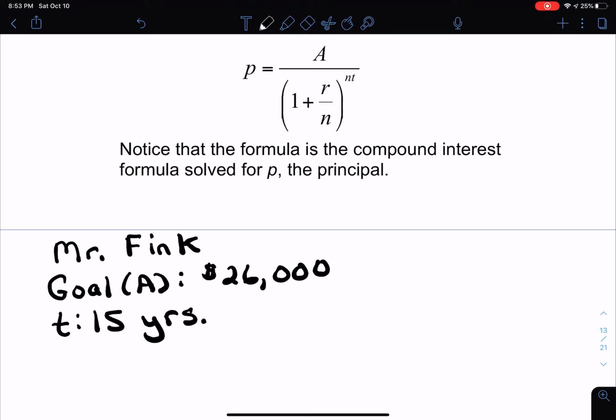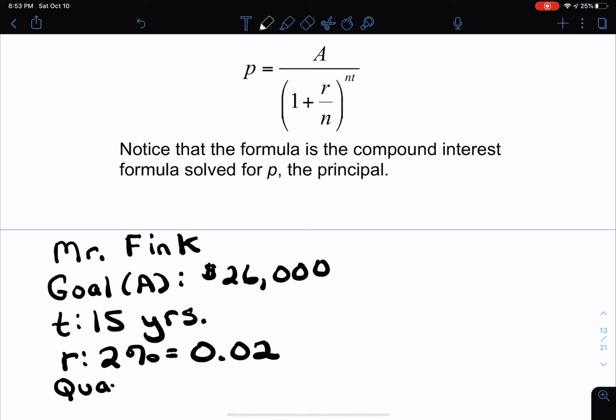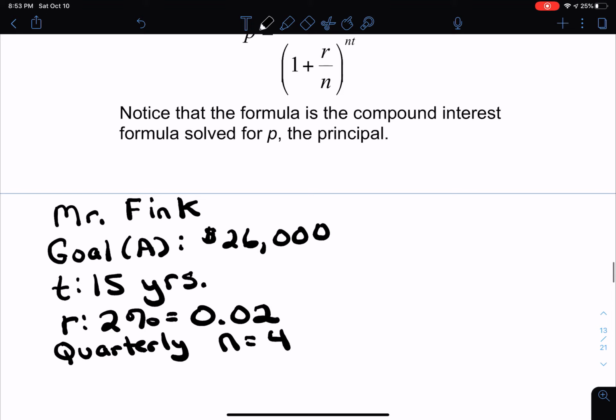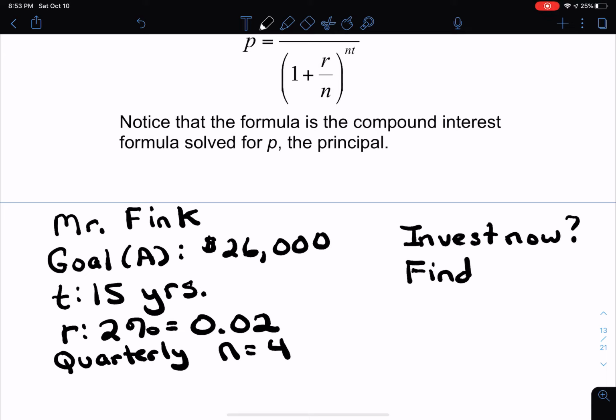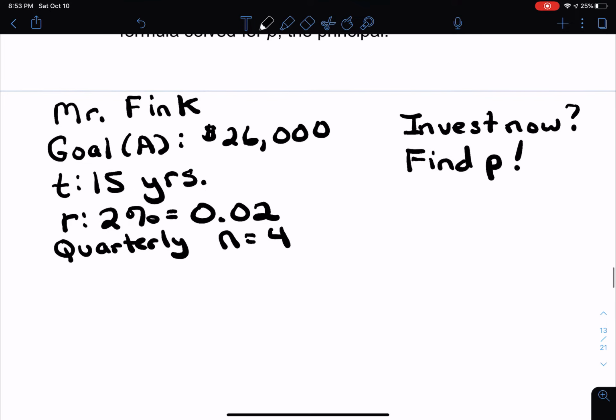How much should he invest now in a CD that pays 2% interest, 0.02, compounded quarterly? So N is 4 times a year. So what should he invest now? So we've got to find P. All right.